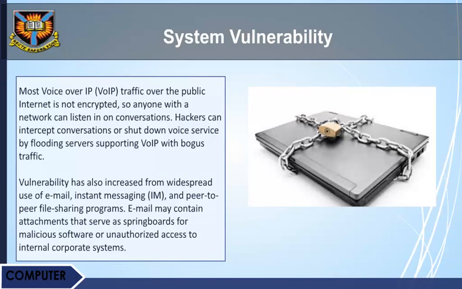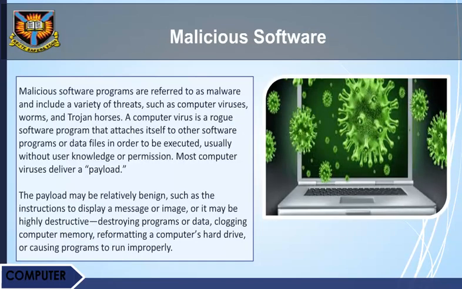Vulnerability has also increased from widespread use of email, instant messaging, IM, and peer-to-peer file sharing programs. Email may contain attachments that serve as springboards for malicious software or unauthorized access to internal corporate systems. Malicious software.